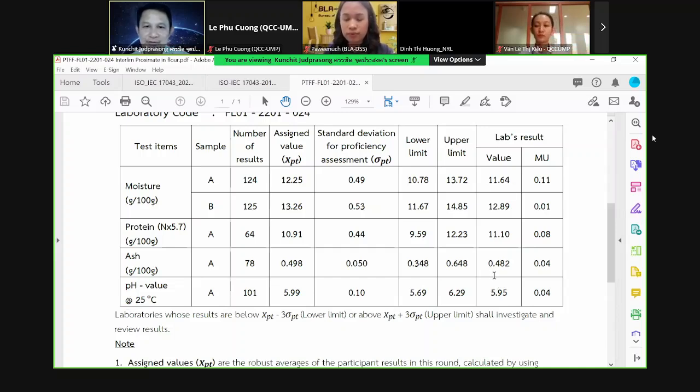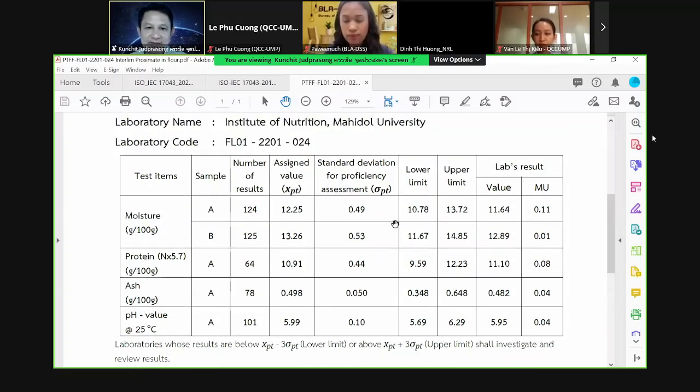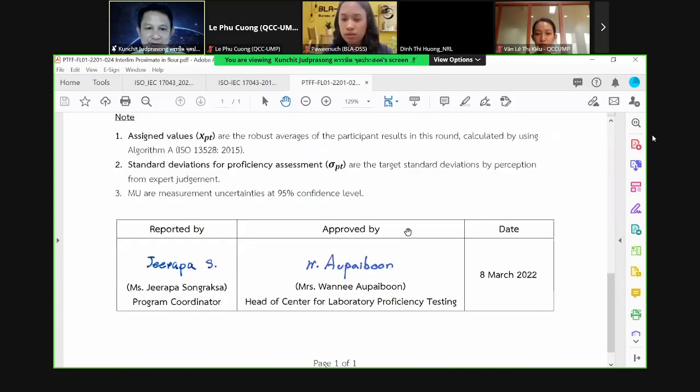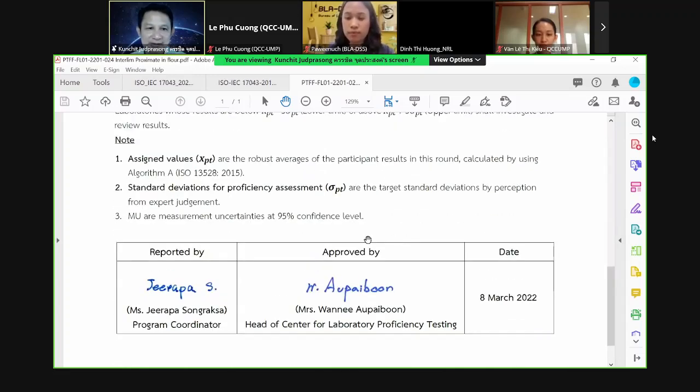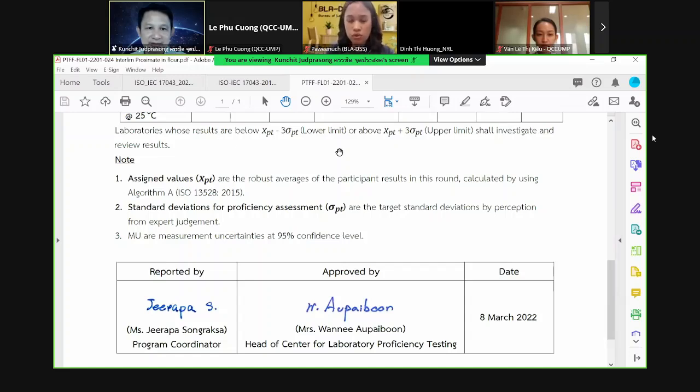So from my side, when we check, we will see whether this is the value that we submitted, and whether the measurement uncertainty is included or not. If it is true, we can say that okay, I accepted this in the report. So you can see this is like the form that they did, like the example. So everything is according to 17043.